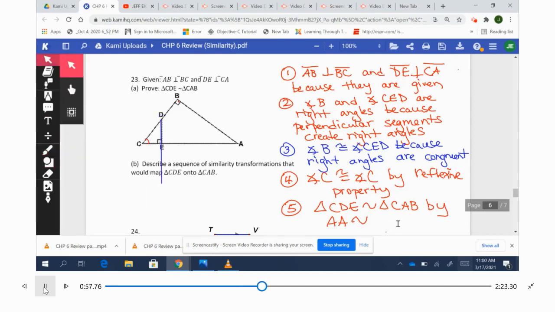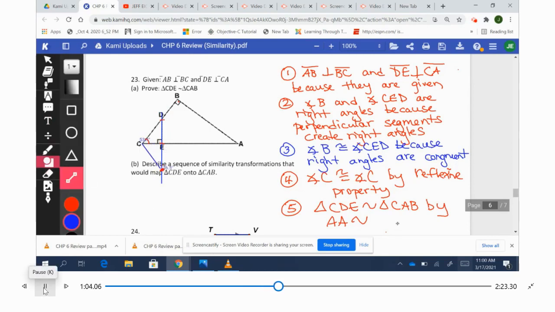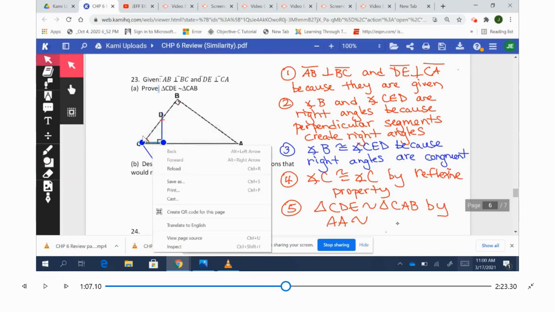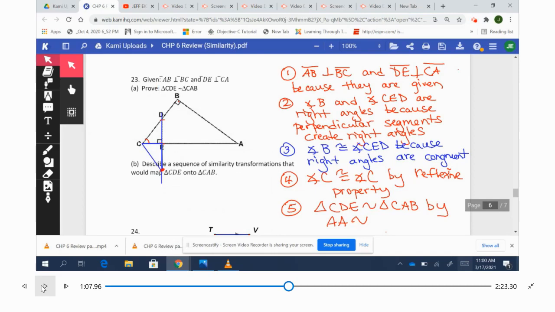Okay, this mapping is pretty tough. I went through trying to fix orientation first, which required a line reflection. When I say orientation, it's the arrangement of the letters. So right now, if I go CDE, that is in a clockwise direction.